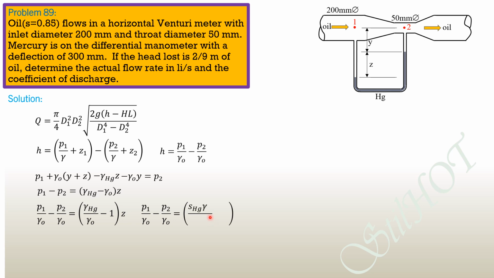So we have the specific gravity of mercury times the specific weight of water over the specific gravity of oil times the specific weight of water. Cancel gamma of water, minus 1, times z. Therefore, h, which is the difference in pressure heads between 1 and 2, is reduced to this expression here, although this is the general expression. Then it is equal to the specific gravity of mercury over the specific gravity of oil minus 1, quantity, times z.